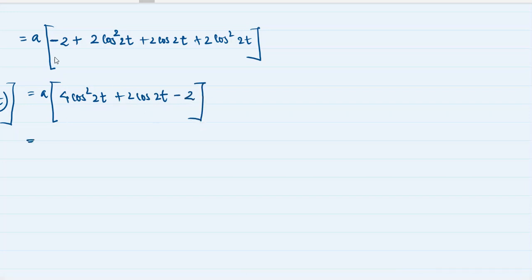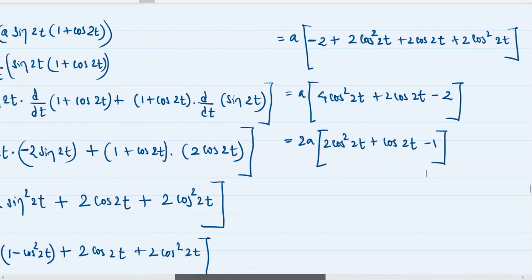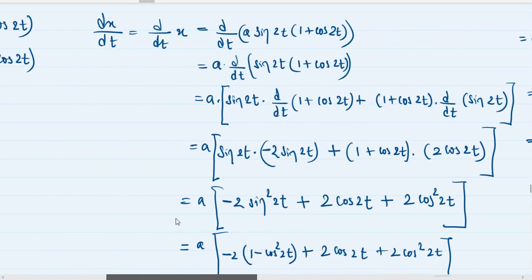What you can do is take out 2 common, so it will become 2a bracket 2 cos square 2t plus cos 2t minus 1. Okay, great. So this is the value of dx by dt.